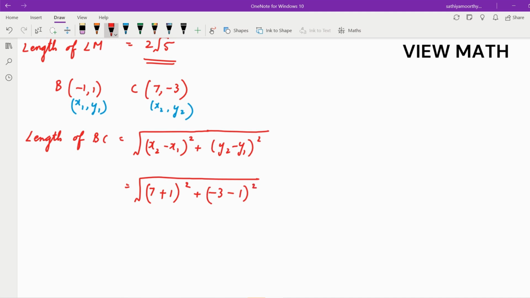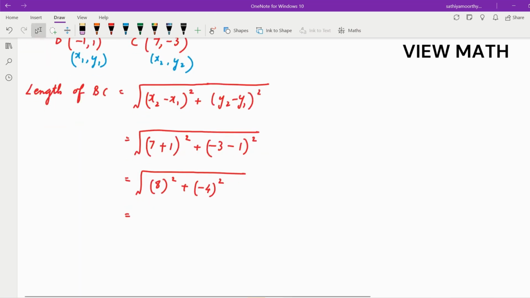Let me simplify this. This is equal to square root of 7 plus 1 is 8 the whole square plus minus 3 minus 1 is minus 4 the whole square. So this is equal to square root of 8 the whole square is 64 plus minus 4 the whole square is 16.